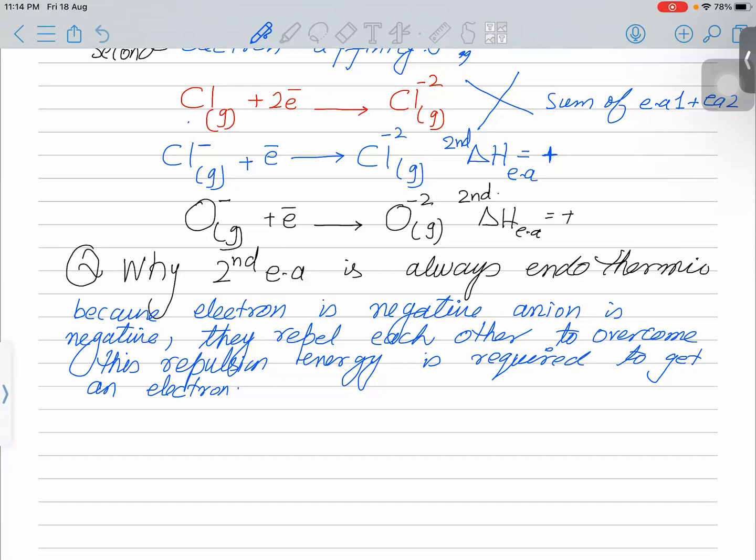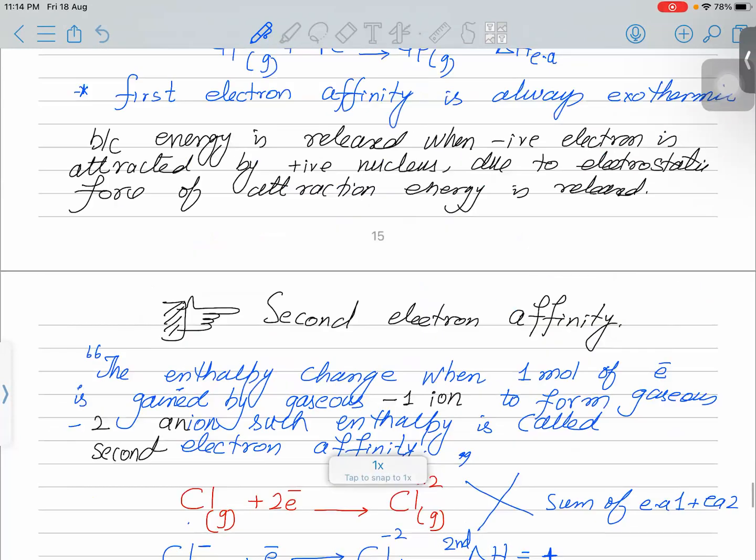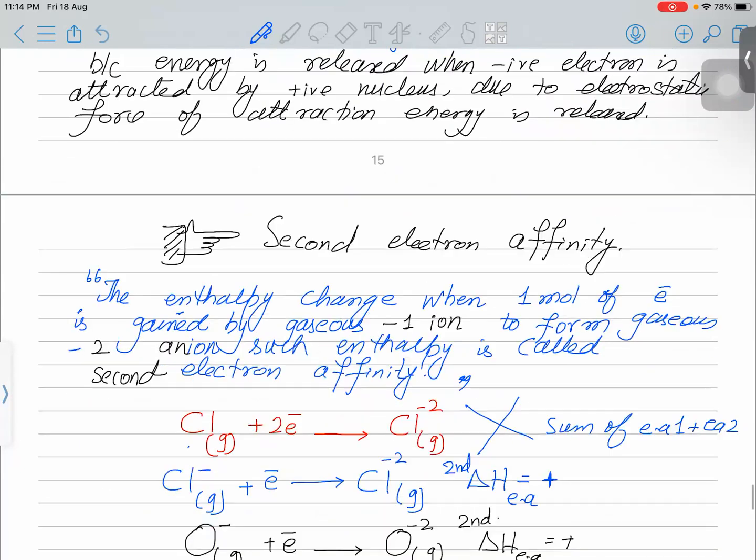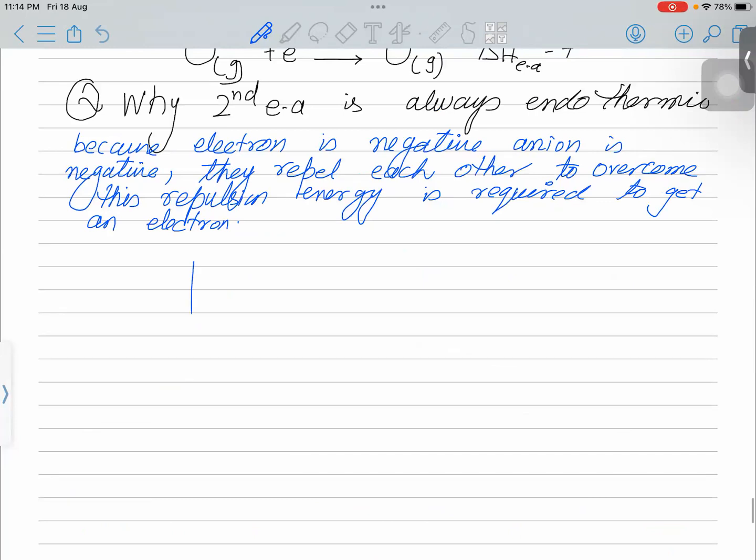That's why the direction of second electron affinity is upward and the direction of first electron affinity is downward. So this is the direction of first electron affinity and this is the direction of second electron affinity.